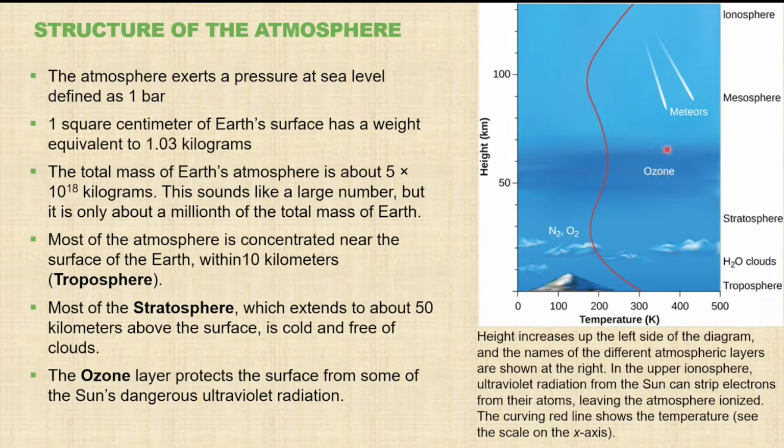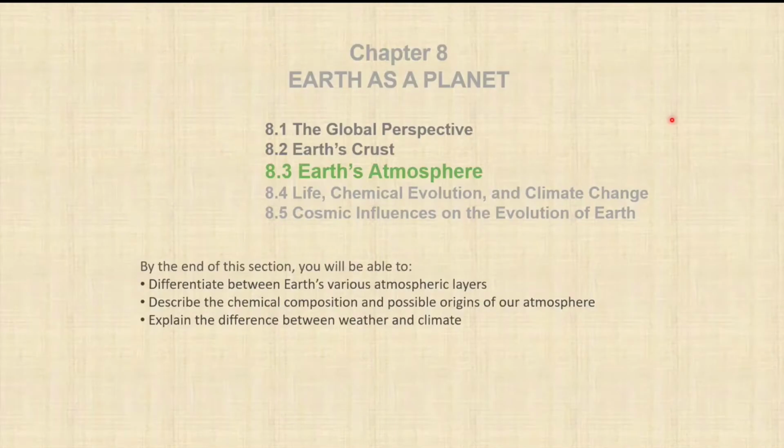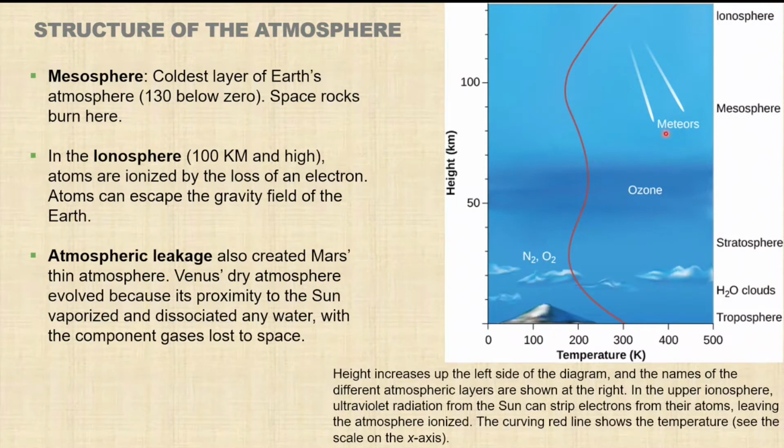And beyond that is the, where am I? This way. Beyond that, above, is the mesosphere. Mesosphere is one of the coldest layers of the Earth's atmosphere. And as we go higher from the troposphere, the atmosphere starts to get thin. The number of air molecules decreases because most of them sink towards the surface.